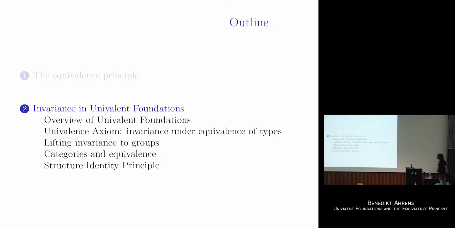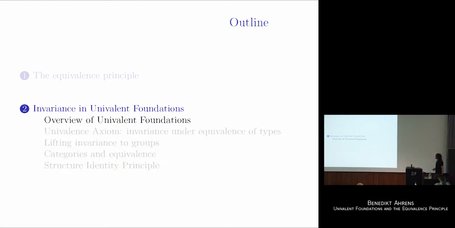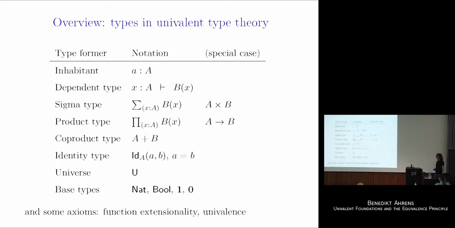So, I will start with giving an overview of univalent foundations or of univalent type theory. This will be mainly a complement to what Thorsten Altenkirch said earlier today. I will be working in type theory, so everything I will say from now on are theorems in type theory, and more specifically in the type theory that I present on this slide.